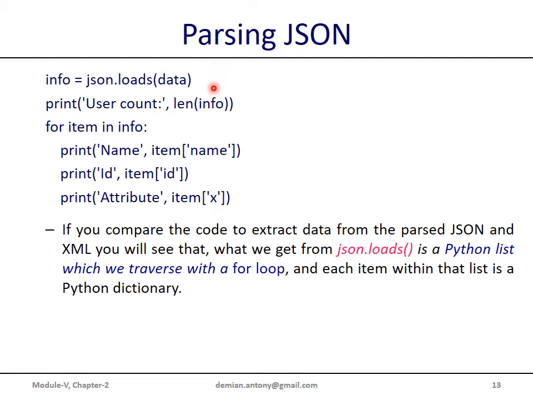Now we have to load that string representation of JSON, json.loads, and this gives the list of dictionaries. Now info is the list of dictionaries.